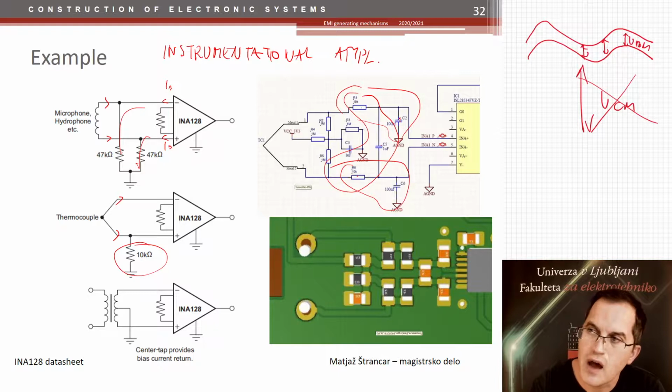But then how he placed this filter: these are bias resistors to keep the common mode voltage as stable as possible. He made this filter totally symmetrical. There is one line, this is the other. So these are all symmetrically placed components till the input of the amplifier.